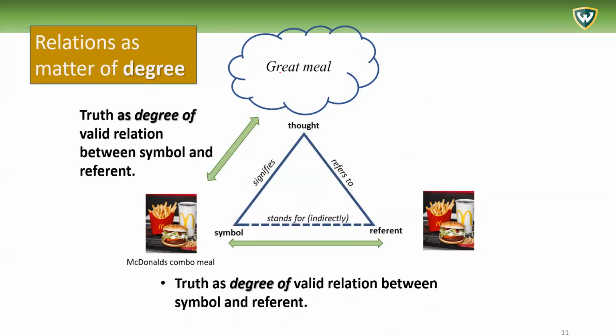We also need to highlight that truth and relations of truthfulness are always a matter of degree. So we have to talk about truth as degree of valid relation, because when we think of an image of a McDonald's combo meal and the concept great meal, there can be shades of exactness or accuracy.